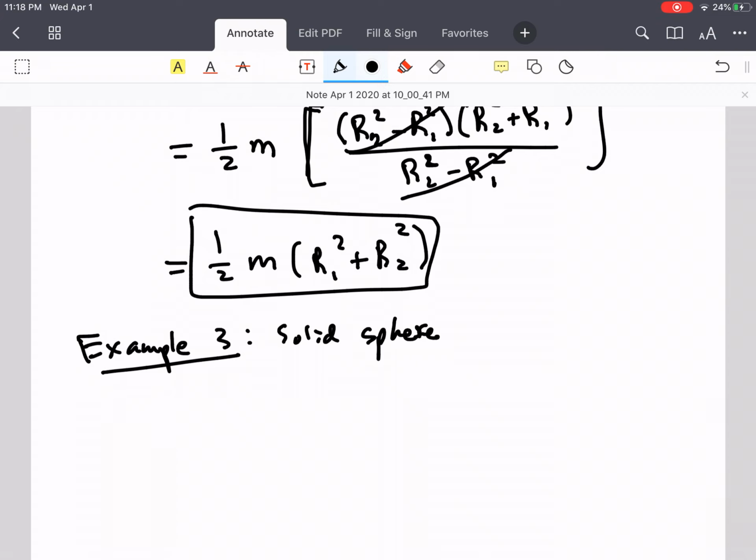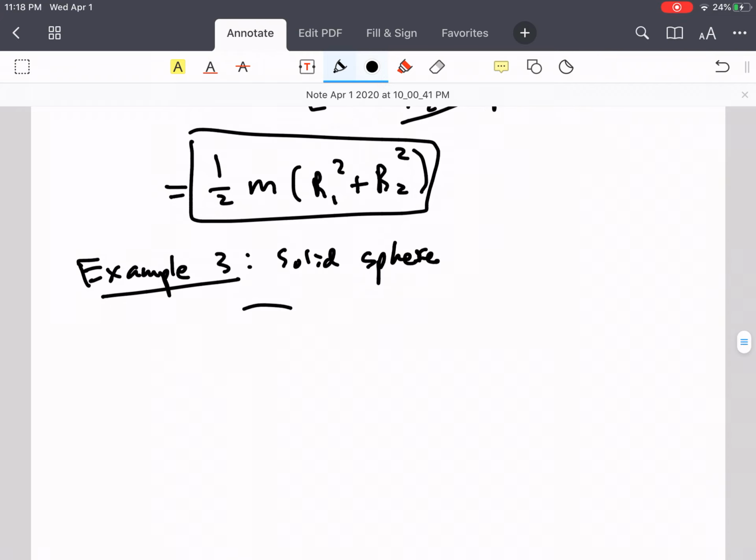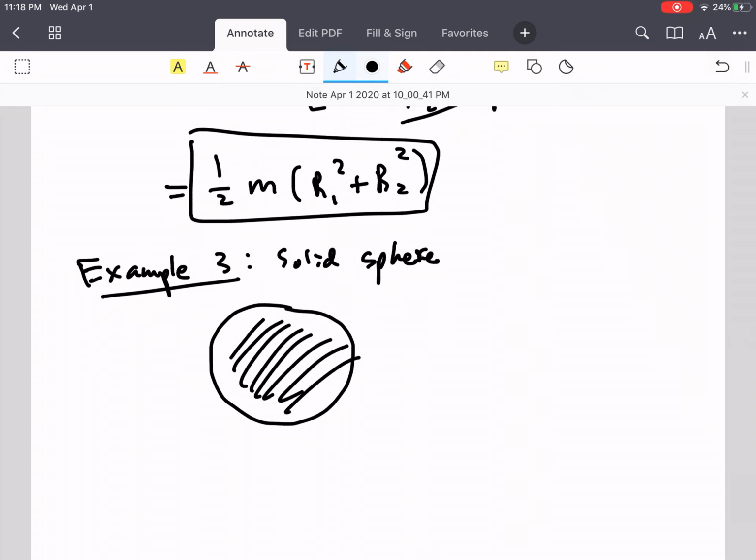The solid sphere. So with the solid sphere, I have a sphere of radius capital R. Solid means it's entirely filled with a constant density material. Mass is little m. And it has some density, some volume. Actually, let's write that out.